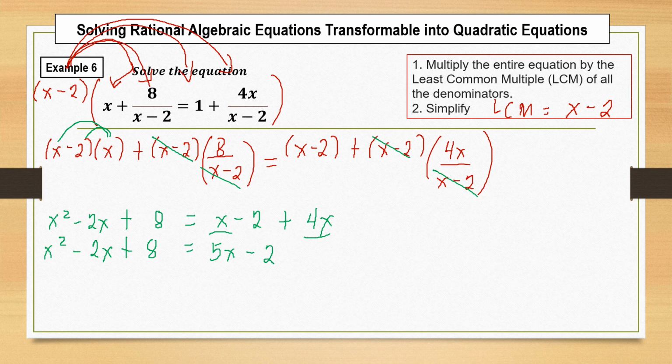Now we apply addition property of equality. In order to make the right side of the equation 0, so we add negative 5x and positive 2 on both sides of the equation.